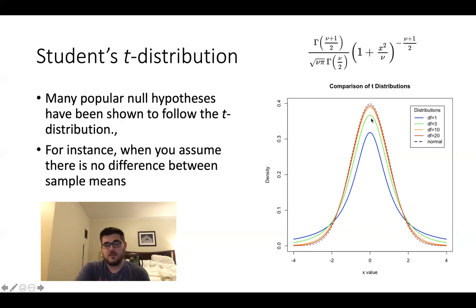If you're assuming that a difference between means is the most likely outcome, so 0 is the most likely outcome, you want to know, did I observe a big enough difference between my means to where I'm cutting off a very small piece of this distribution? If you cut off a very small piece of the area under the curve, that corresponds to a low probability of observing that data when you assume your hypothesis is correct, that there is no difference.